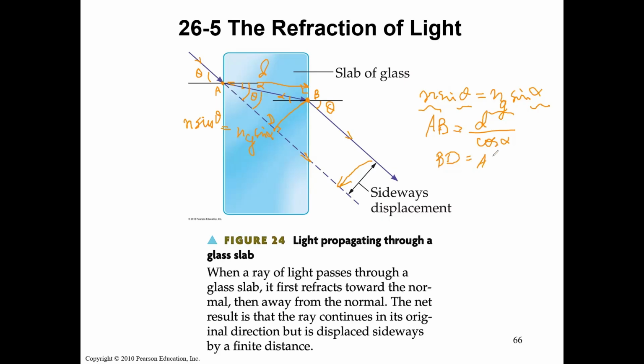Okay, so BD is AB times sine of theta minus alpha. Okay, so as you can see, if we know the index of refraction of outside medium, we know the angle of incidence, we know the refractive index of glass, we know the thickness of glass, then we can calculate how much the light ray is shifted sideways, and that is the size of BD.